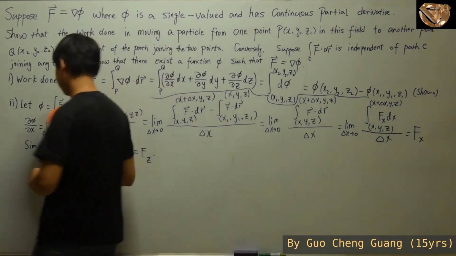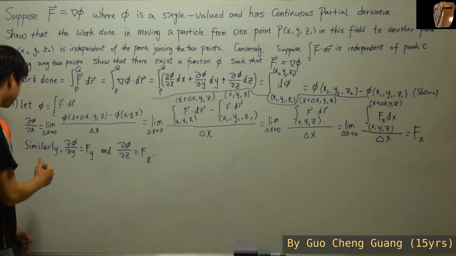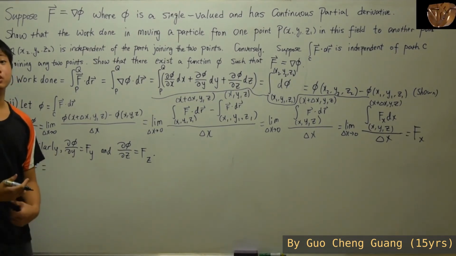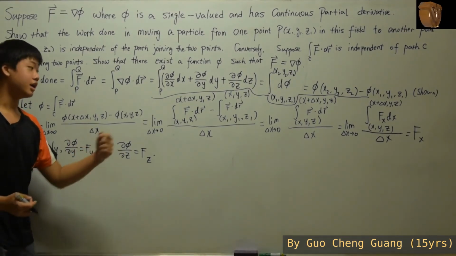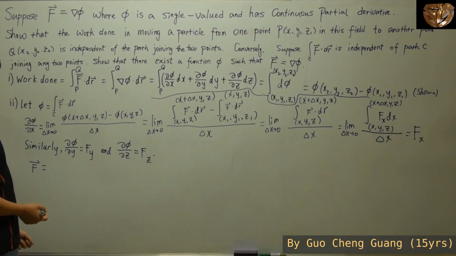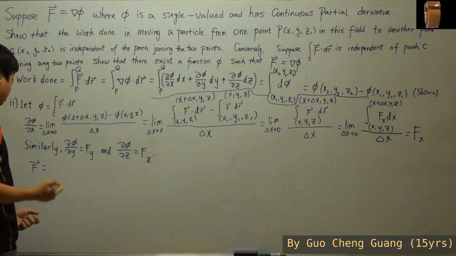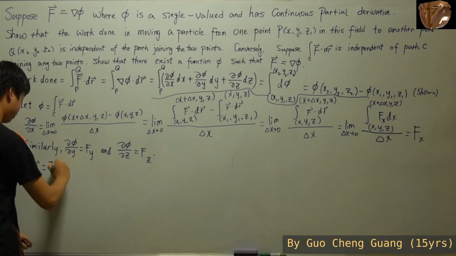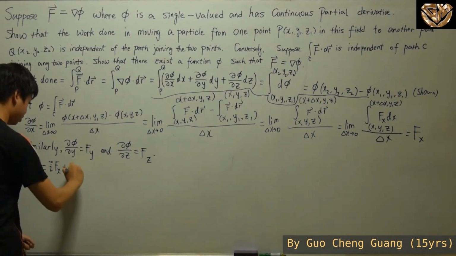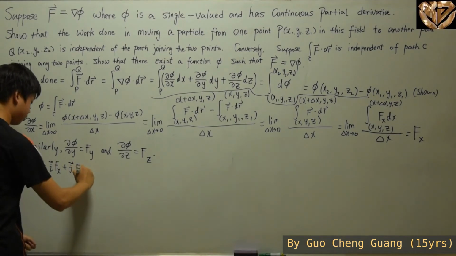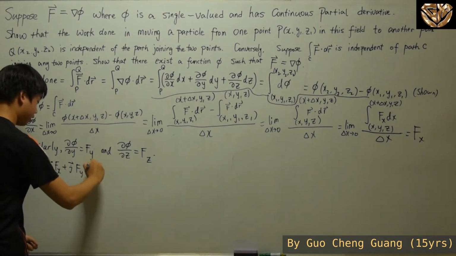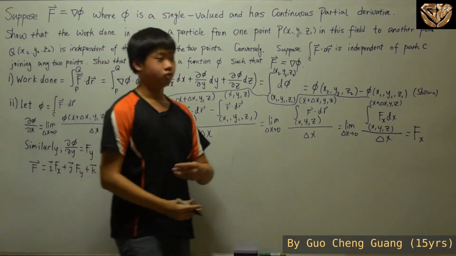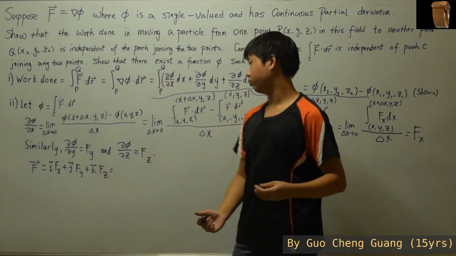So the f vector, what is it made out of? Of course, you have an x, a y, and a z. There are a few different ways to represent this. You can represent it as i vector fx plus j vector fy plus k vector fz, or like row vectors, column vectors, and so on.